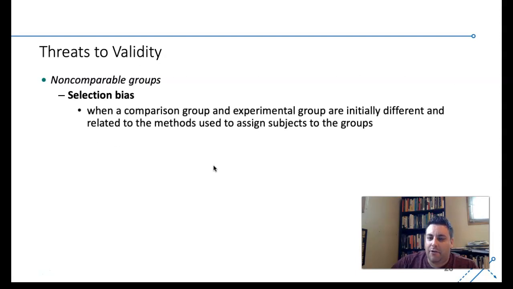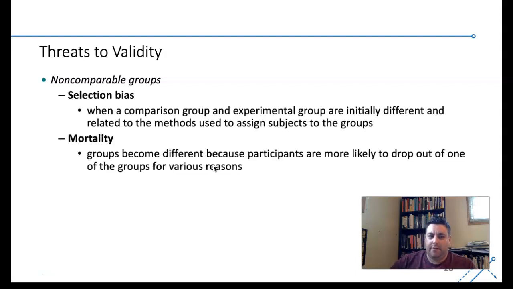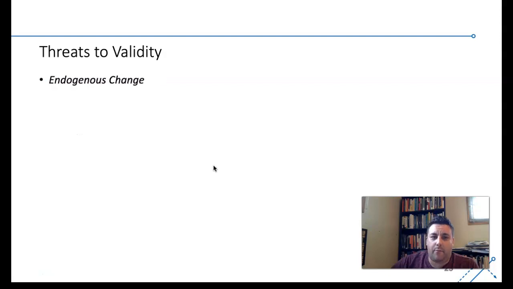Your intervention group and your control group are not equivalent. That could have been due to selection bias. It could have been due to something called mortality. People drop out of treatment for whatever reason. Those are the two big types of non-comparable group threats to internal validity.